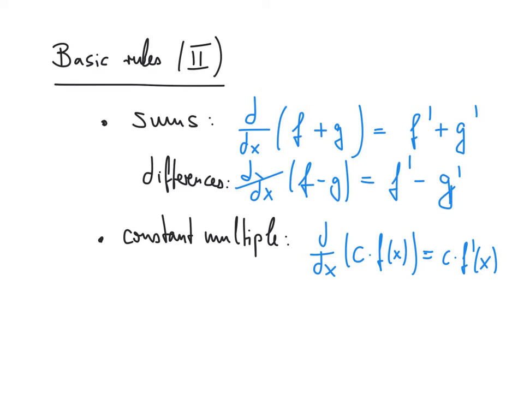And these basic rules from the previous slide and this slide together already take us a long way to differentiating many functions that we encounter. So probably the most important thing that we can take derivatives of now are polynomials.